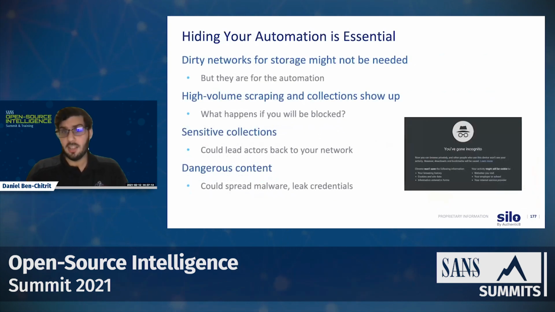The last piece I'll get into before we go too far into actually how we might do this automation is hiding the automation and the security around automated collections. So managing your footprint, reducing your attribution, and hiding your activities.